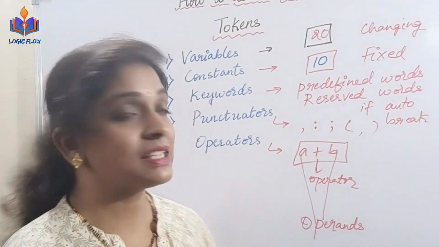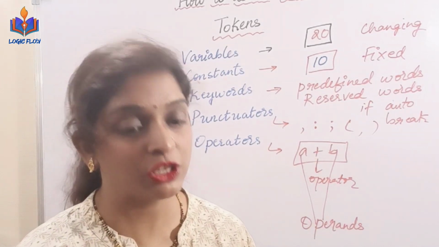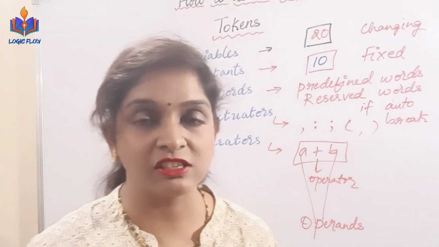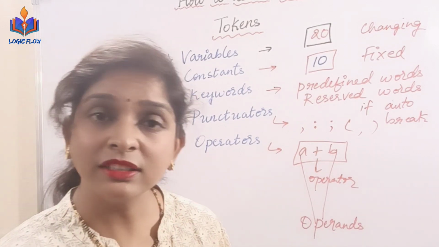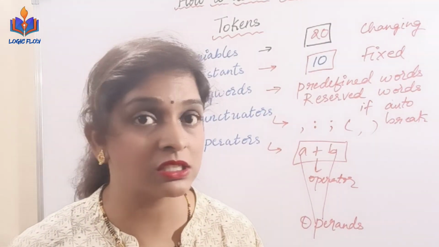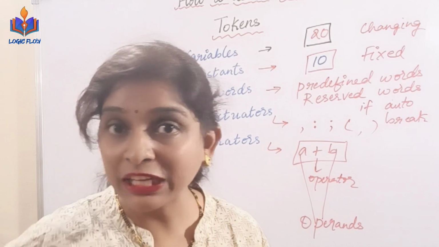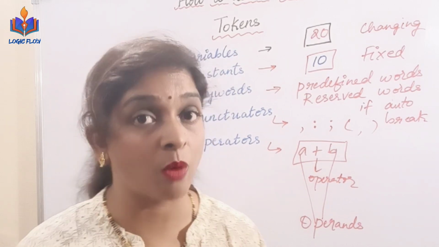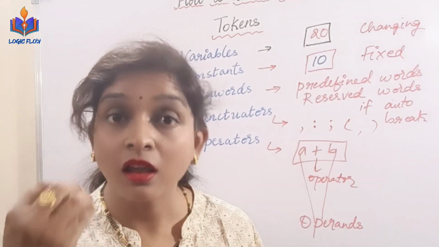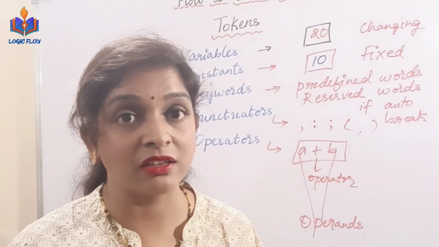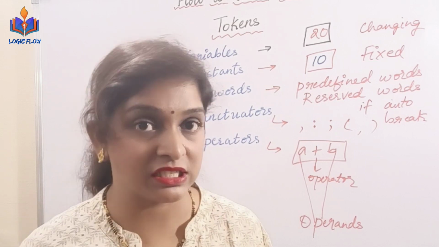Here plus is the symbol that we use, and the meaning of plus is defined. It is an arithmetic operator that we can use. Like this we may use many operators in our program. We'll see to that in the coming videos: how many operators we have, what the purpose of these operators is, how we can use them, all these things in detail.